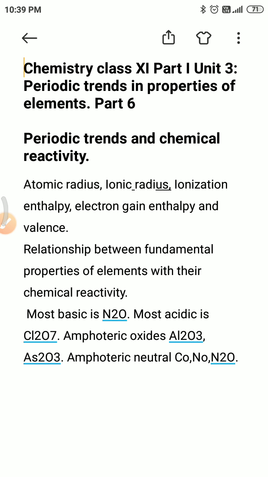Thus, the metallic character of an element, which is highest at the extreme left, decreases, and the non-metallic character increases while moving from left to right across the period.